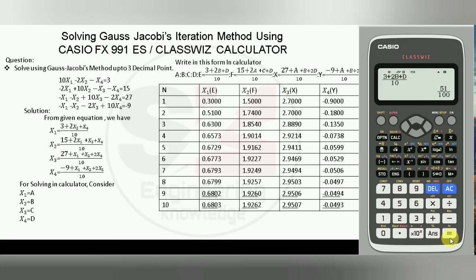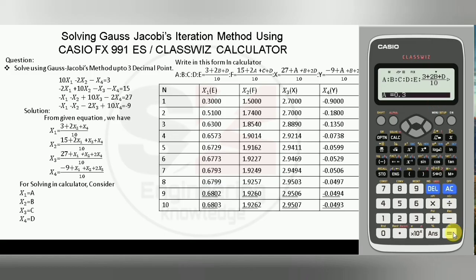Then after this, just by pressing the equal to button, it will show the latest values for all the variables. That is for x1, 0.51. We can see in this table for iteration 2 the value is matching. Then press the equal to button, then 1.74. Then press equal to, then 2.7 for the variable x3, then minus 0.18.